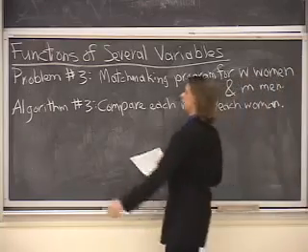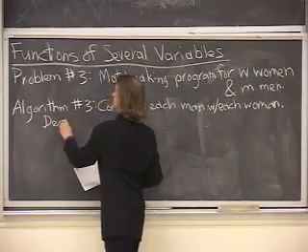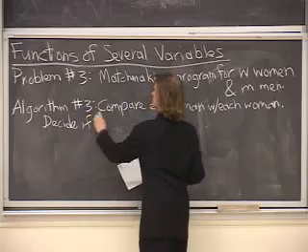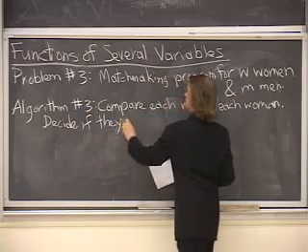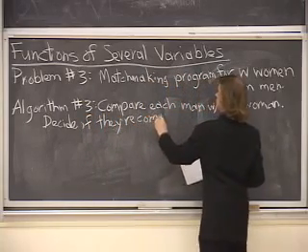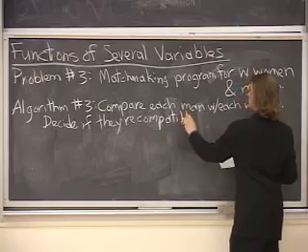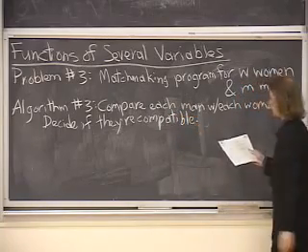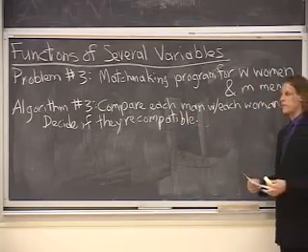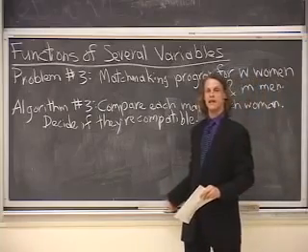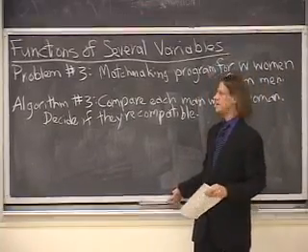So just compare every woman with every man and decide if they're compatible. And I'm going to assume that comparing one man against one woman to decide if they're compatible takes constant time.